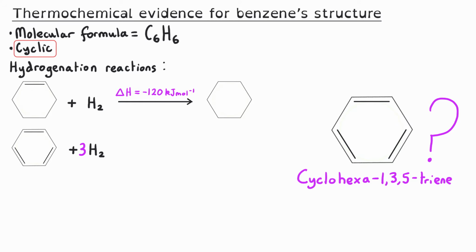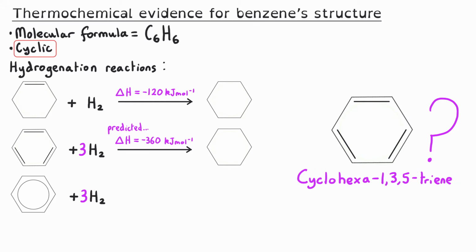This means that it would follow that if the structure of benzene was this hypothetical cyclohexa-1,3,5-triene, the enthalpy change for the hydrogenation of this molecule would be 3 times the enthalpy change for the hydrogenation of cyclohexene. In other words, the enthalpy change would be found to be minus 360 kilojoules per mole.